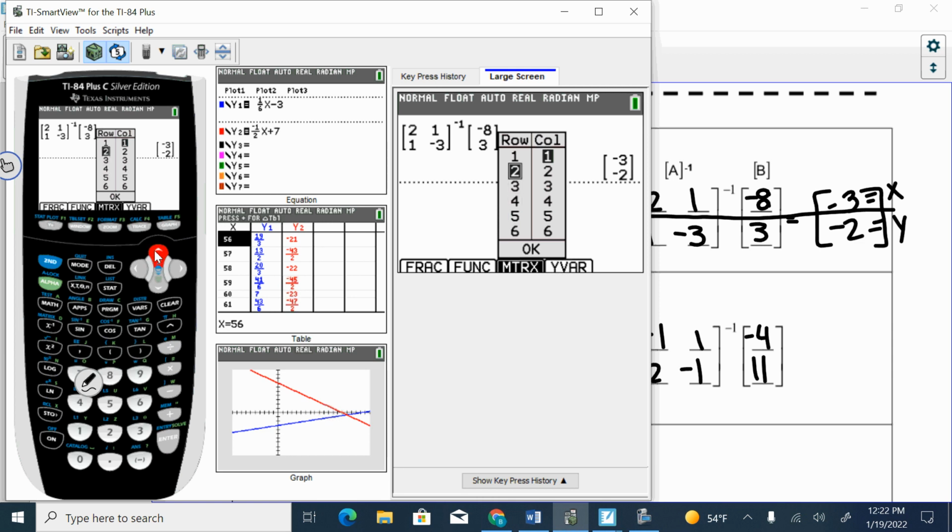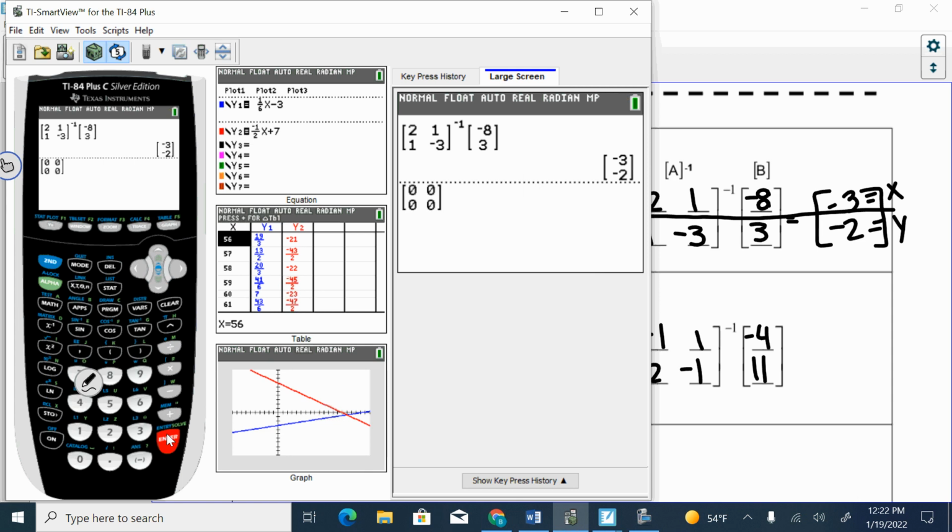After you've highlighted 2 and 2, go down and press OK. And it should give you a blank matrix of that size. Okay, so what am I going to put in the top row? Perfect. -1 and 1.